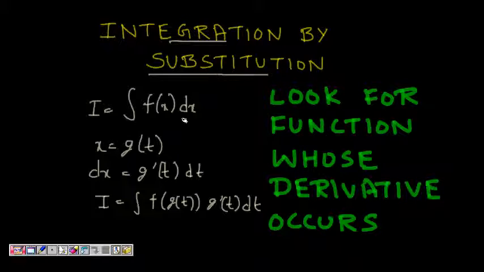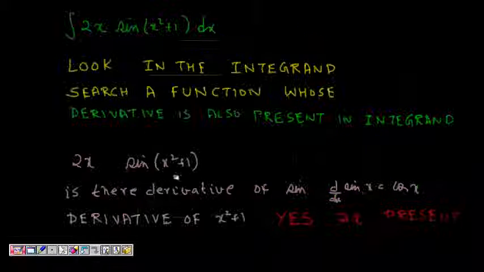It means that we have to integrate some function f(x). We want to substitute x = g(t), so dx is g'(t) dt. Now our integral gets transformed into f(g(t)) g'(t) dt. We will look at one example that will make it clear.